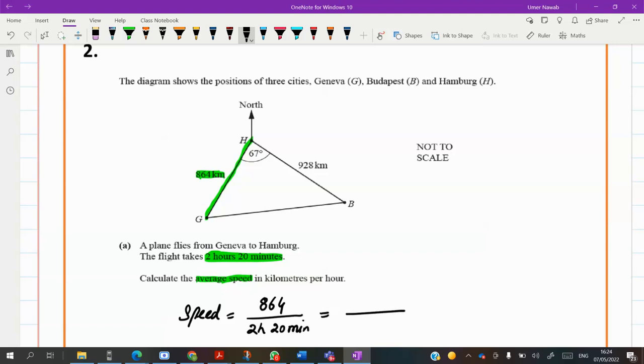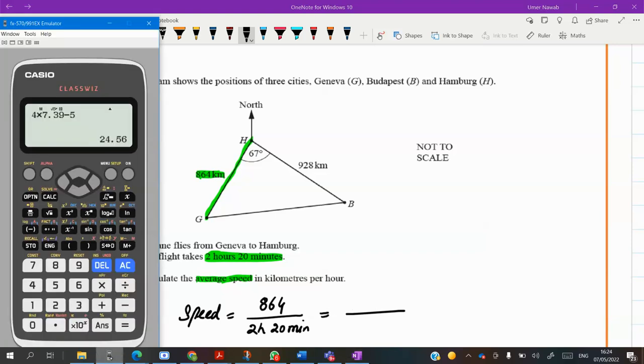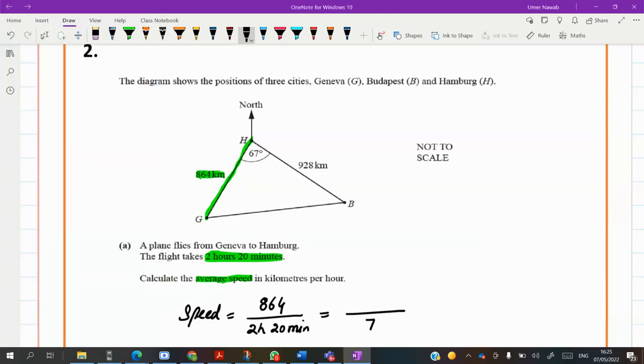We need to convert 2 hours 20 minutes into hours, which is quite simple. We can write 2 hours 20 minutes and press this one. It gives you 2.33 or 7 over 3.